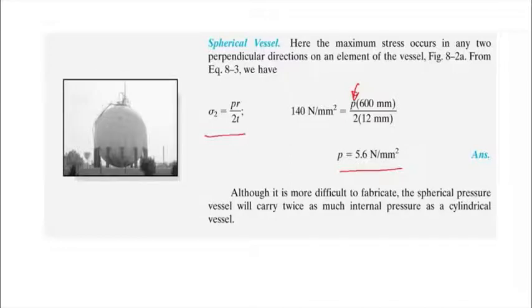Now here we can see that the spherical pressure vessel can carry twice as much internal pressure as a cylindrical vessel. So if you want to carry a liquid at twice the internal pressure, then you might as well use a spherical vessel, because it will be the same thickness and the same diameter as a cylinder.